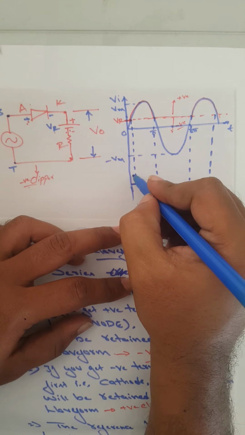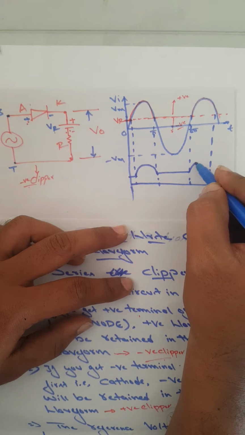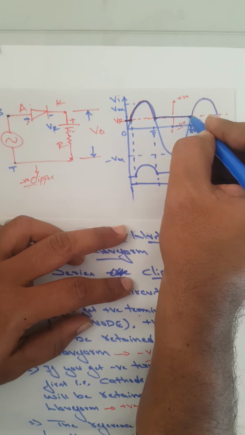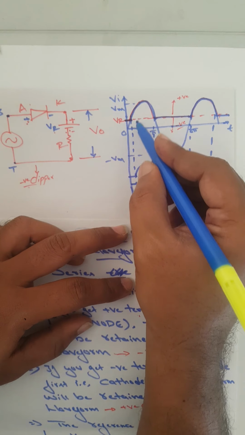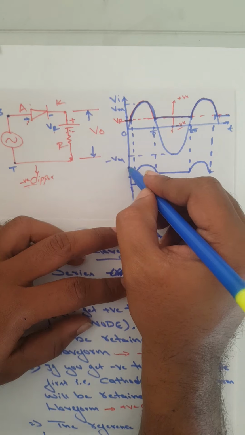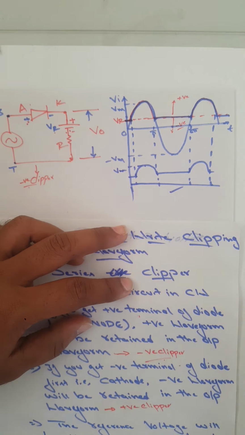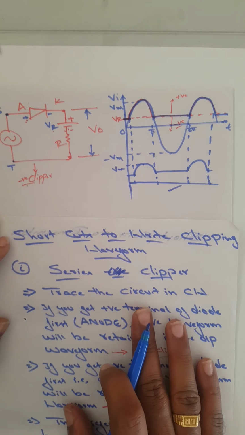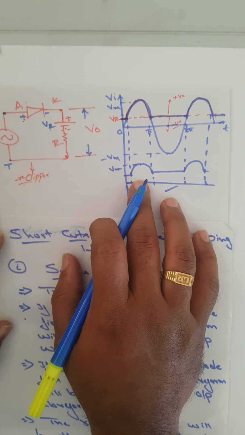The negative portion, in the sense below VR, has been clipped off, and this is your Vm, and this is the output voltage waveform. Clear? So by following these techniques, you can simply write down the waveform within a few seconds.